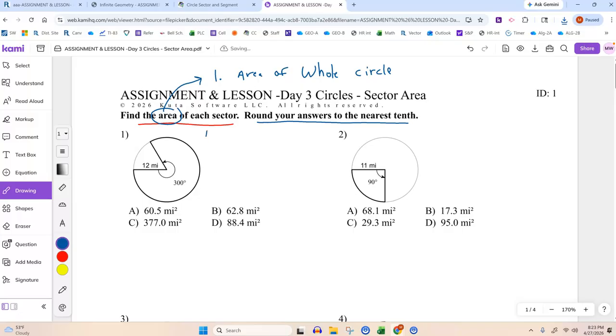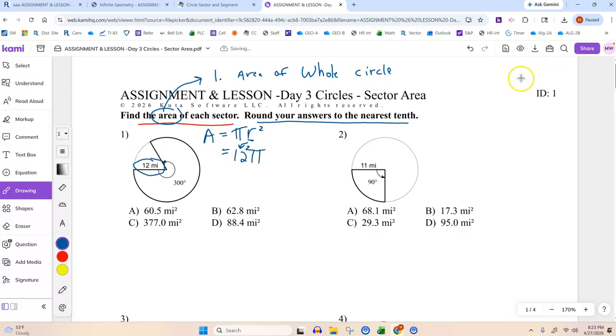So what's the area of this? Well, the area equals pi r squared, correct? All we need is the radius. So what is the radius? Well, it's 12. So then the area is going to equal 12, I'm just going to put the radius over here, squared times pi.